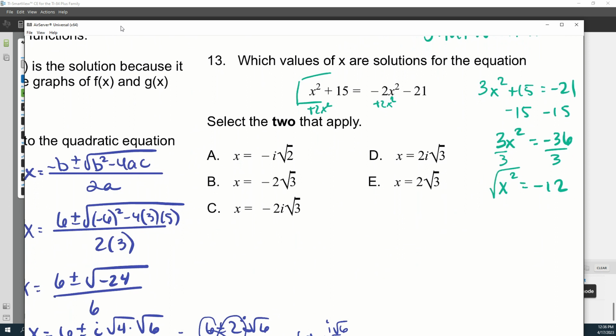Right, and then to get x, instead of x squared, we're going to do the square root, and we take the positive and negative square root. And because there's a negative, we're going to pull out an i, and then think of it like a positive 12. And 4 goes into 12 3 times. So positive and negative 2i square root of 3.